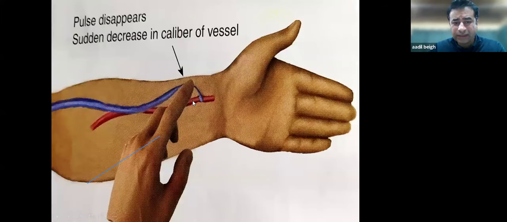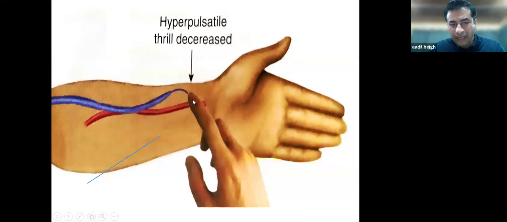Like this is the artery, proximal and distal. This is the anastomosis. The anastomosis site is patent. If you put the hand on the anastomosis site, there will be hyperpulsatile because there is juxta-anastomotic stenosis. There will be no thrill or very little thrill, only a systolic thrill or only pulse.